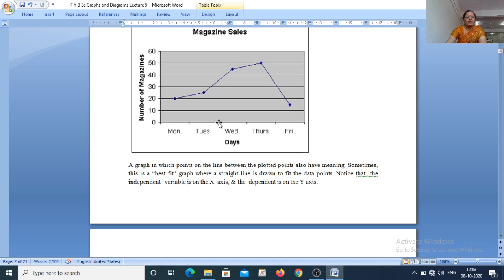Okay. So a graph in which points on the line between the plotted points also have meaning, and sometimes this is the best fit graph. That means from this line diagram we can actually have a conclusion about what type of characteristic or what type of graph is there. Is there any good exponential fit or geometric fit, or is the distribution normal or something like that?